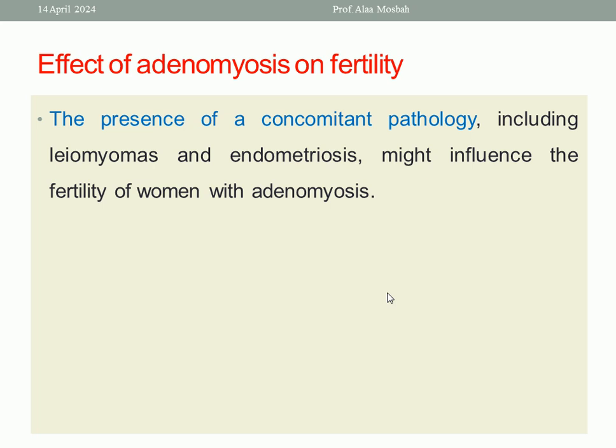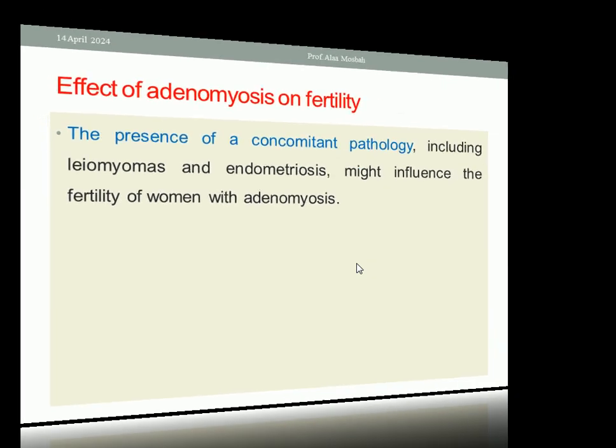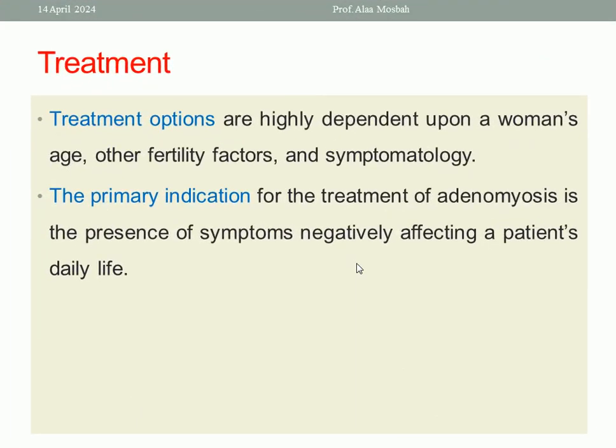So maybe the cause is due to these associated pathologies like endometriosis or leiomyoma. Okay? Please remember this association because it is common. And both of them, endometriosis and leiomyoma, are hyperestrogenic diseases like adenomyosis also. So there are common associations between adenomyosis, endometriosis, and leiomyoma.